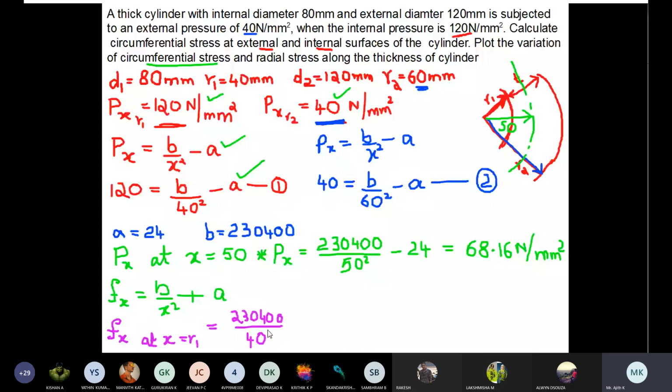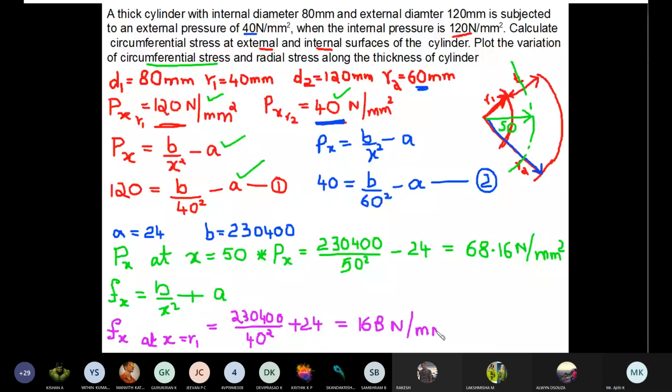So you will get the fx value at the inner surface as 168 Newton per mm square. You can verify the answer later.